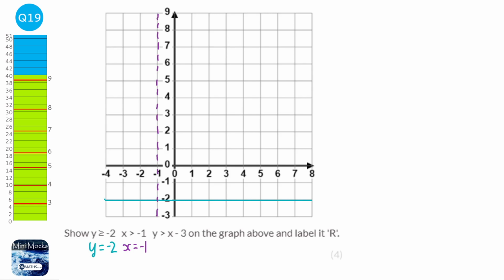Okay, the last graph is a little bit harder. I'm going to do y equals x minus 3, and it's going to be a perfectly diagonal line, but down to minus 3. So it's going to be this line here, about there, but it's going to be dashed because we don't have an equal to.